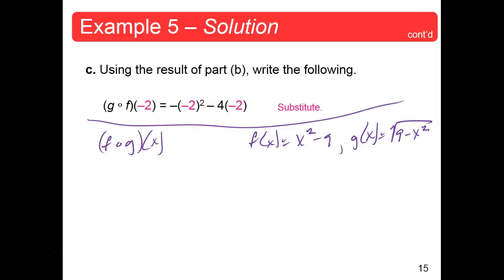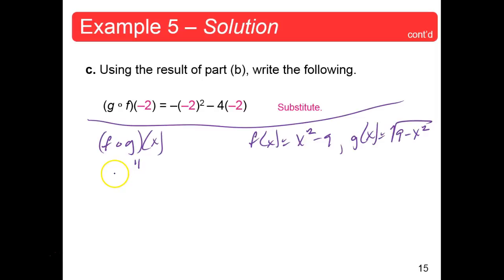Okay? Now, they didn't actually say find that composition, but they do it, so let's do it. How is that defined? You tell me. That's a good place to always begin.